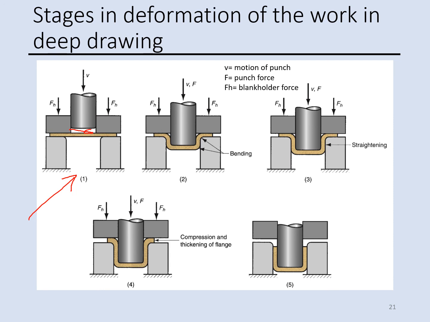There is a small gap between them, and then we have a bending as the punch first begins to push into the workpiece. The metal is subjected to a bending operation at that moment. Then that blank or sheet is simply bent over the corners of the punch and the corners of the die, this area.